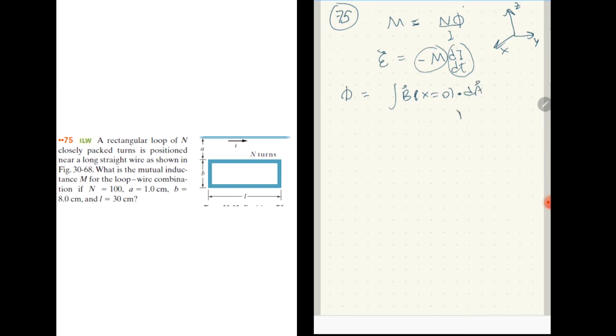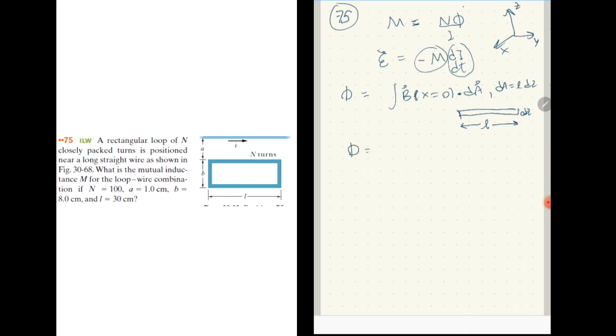Consider dA as a strip, and if you are seeing the figure, the strip has length L and width dz. So dA equals L dz. And we consider also that dA is in the same direction as B.